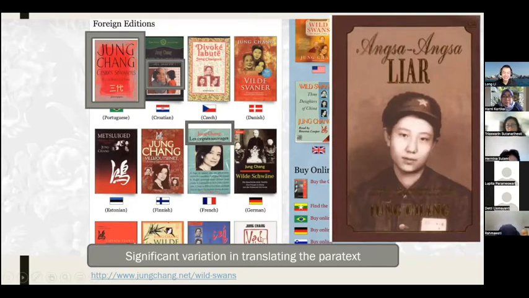Hani has kindly shared this Indonesian cover with me. Again, it looks very different from the English source cover. I was a bit shocked to see this at first because, again, I cannot find the subtitle. I think the subtitle is Tiga Putri Cina, but I do not find it on the cover.